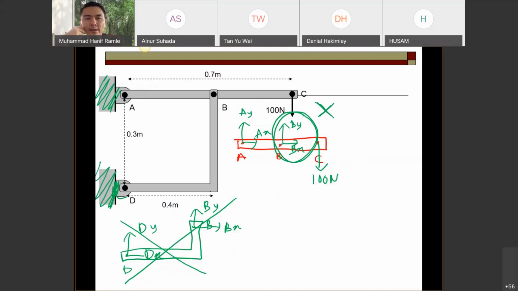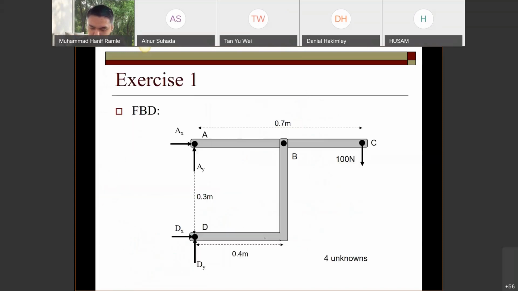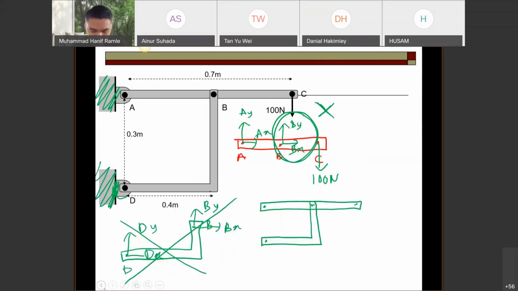So the easiest way to avoid many calculations is that you draw the whole one. Then you determine the known value, the reaction, DX, and then D is 100 Newton.